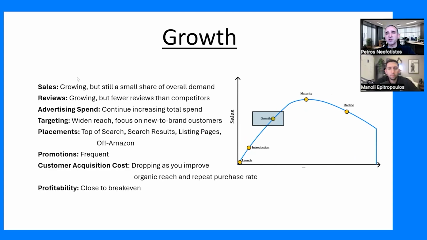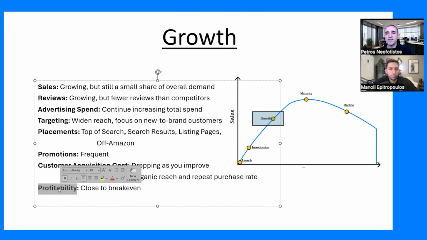When you start to hit this growth phase, a meaningful percentage of those sales starts to come from organic. When I say organic, I mean your listing page starts to rank organically in search results for your most relevant keywords, and you're starting to get repeat purchases from past customers as well. This is going to help your customer acquisition costs, but also help your profitability because you're starting to get free sales and not just paid sales.